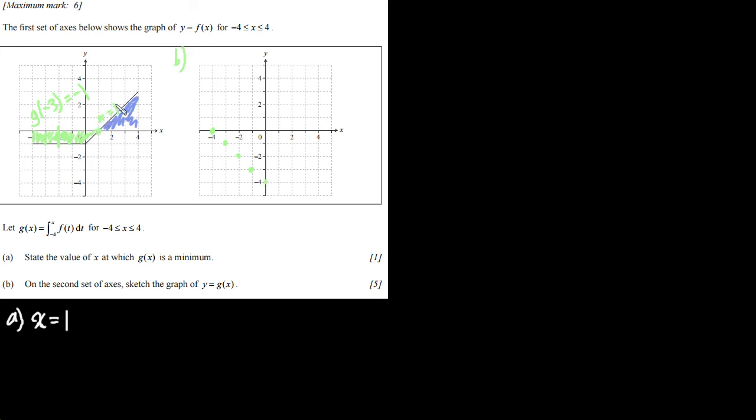And then if we go to 1, this is negative 4, everything up till 0. And then we're subtracting, because it's under the x-axis, half a unit squared. And so it should be negative 4.5. Now we're going to start adding since we're above the x-axis. So we add first a half.